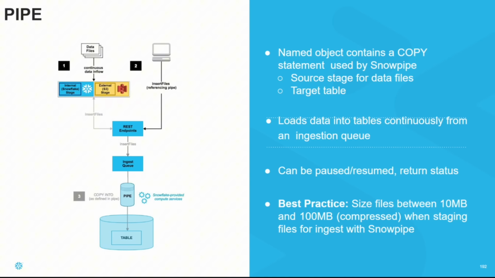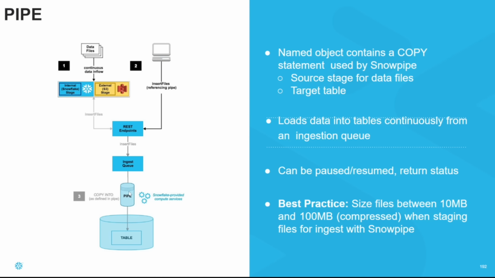So this is the architecture through which the Snowpipe works in Snowflake. First, you will have a data file which is being written to your Snowflake stage, which is built on top of your S3 bucket. Once you have the data in an S3 bucket, S3 will send a notification to an ingestion queue, which is created for a pipe, in an Amazon SQS event.